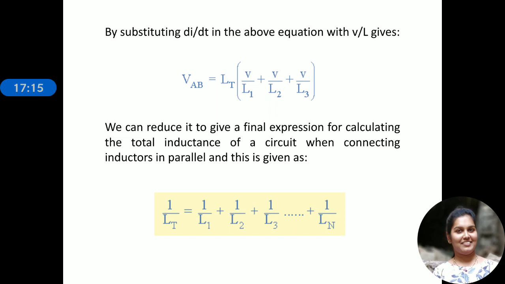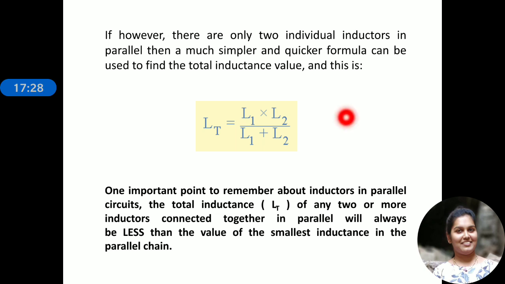If, however, there are only two individual inductors in parallel, then a simpler and much quicker formula can be used to find the inductance value. This is the simplest expression you can easily remember when there are only two inductors connected in parallel, that is LT is equal to L1 L2 by L1 plus L2.